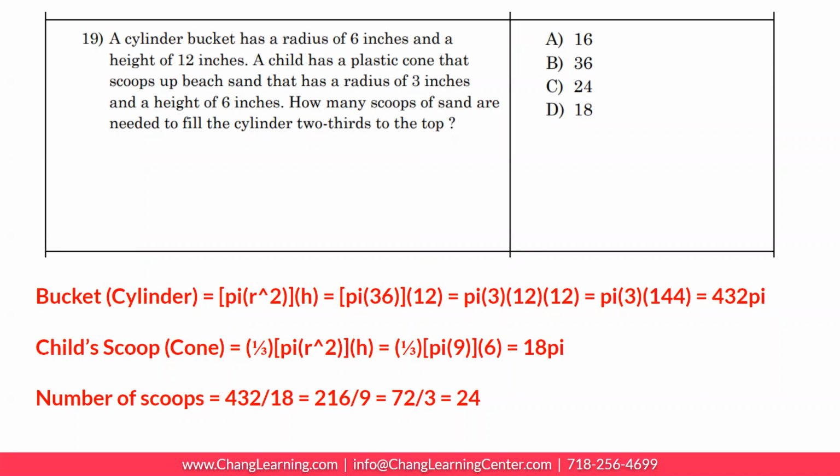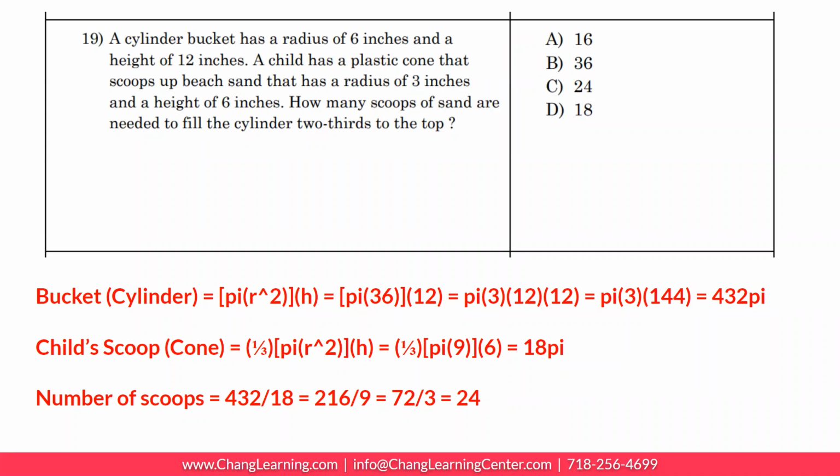432 pi. The cone that the child scoops with is a third pi r squared times the height. And it has a radius of 3 and a height of 6. So we have a third times pi times 3 squared times 6, which is a third of 54 or 18 pi. So the number of scoops needed will be 432 pi divided by 18 pi.